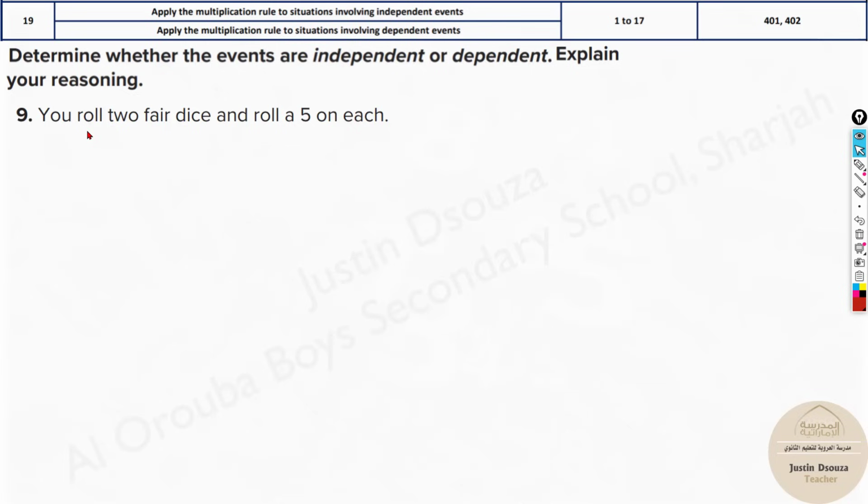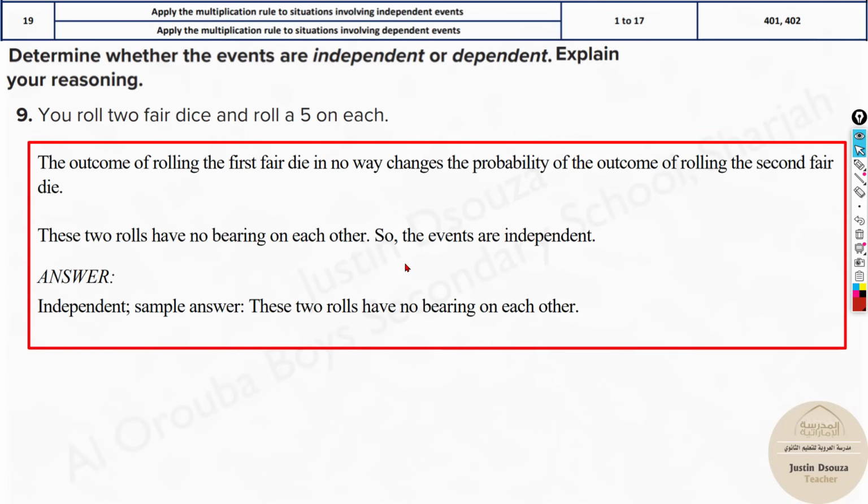Now you roll 2 dice and roll a 5 on each. Now see, the dice are not at all related to each other. You put any number in one die, in the other die, it's again a separate probability. It's 1 by 6 itself. It's not going to affect each other. Whichever number you get in one die, it's not affected. It is independent. So this is independent.